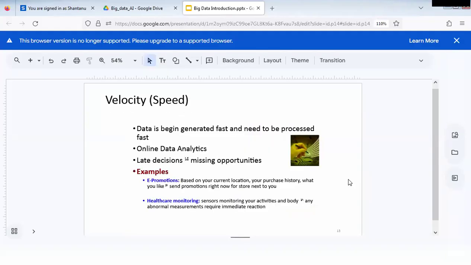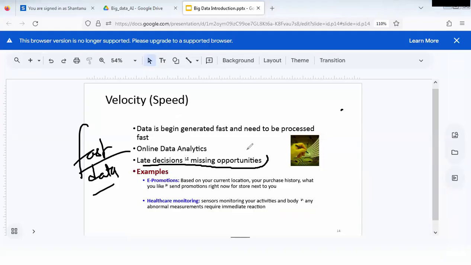Then comes velocity. Now, guys, pay attention. Think about this. Velocity means very fast data. So what does that mean is late decisions, missing opportunities. If you are going to take decision which is going to be late, then immediately you are going to miss some opportunities. So that is the fast data. How many of you have experienced this, the data coming in is very very fast. Like think about it.